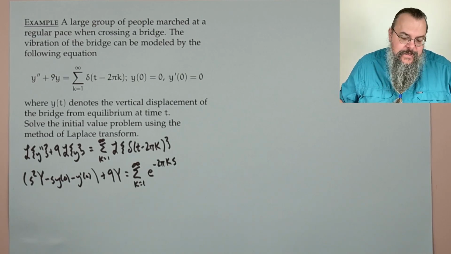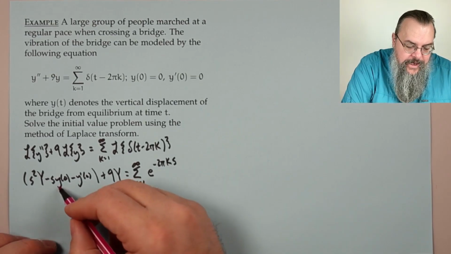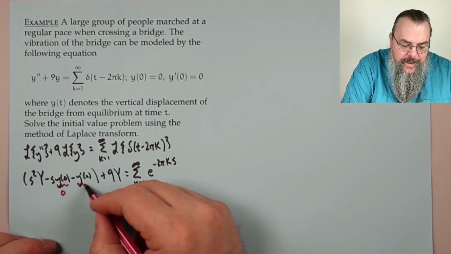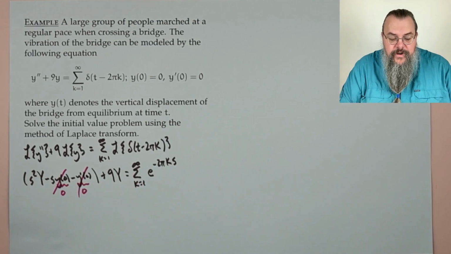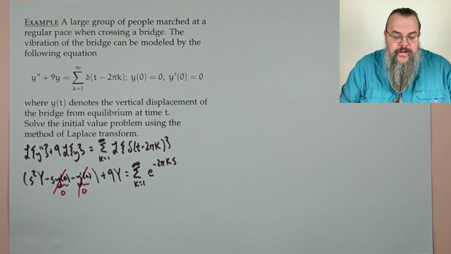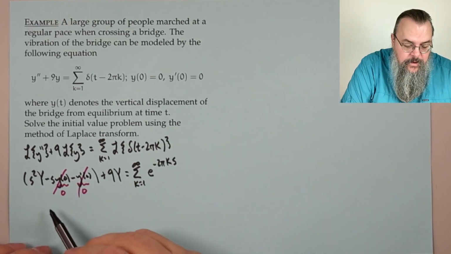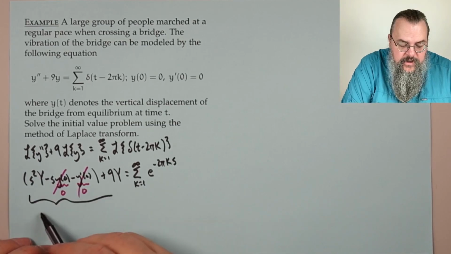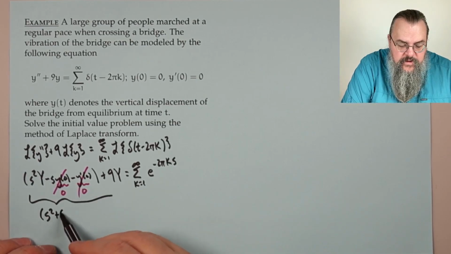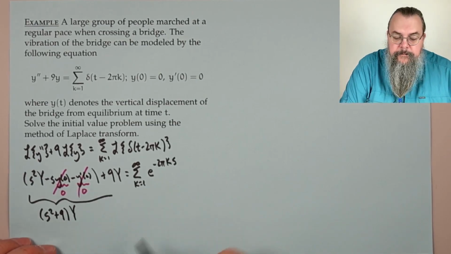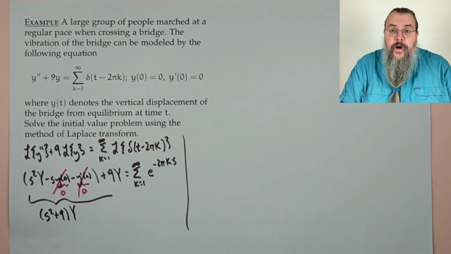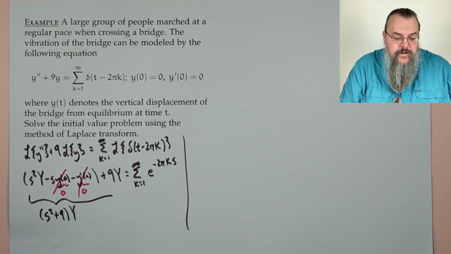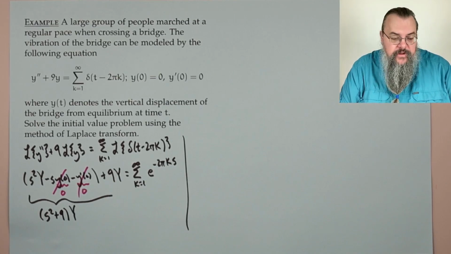Now, what do we see? Well, y of 0 is 0, y prime of 0 is 0. So that makes it really easy. There's nothing to move across. And on the left-hand side, this part right here is s squared plus 9 times Y. Okay, so to solve for Y, we'll divide everything by s squared plus 9.